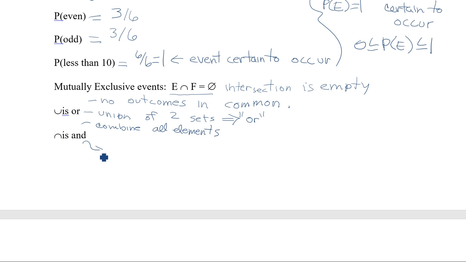And this next one, the intersection of two sets, corresponds to the word and, and it's the elements common to both.